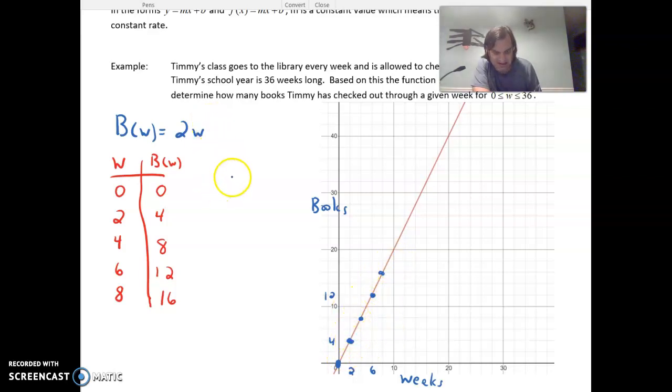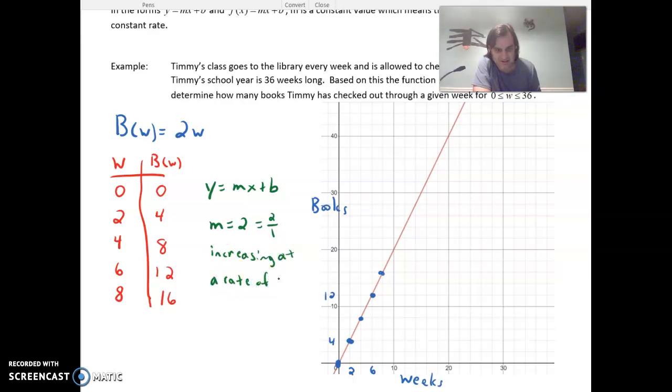Now, I did skip some points here, the 1, 3, 5, 7. That was because in the perspective of y equals mx plus b, the m is 2, which can be 2 over 1, which means it's increasing at a rate of 2 books per week.